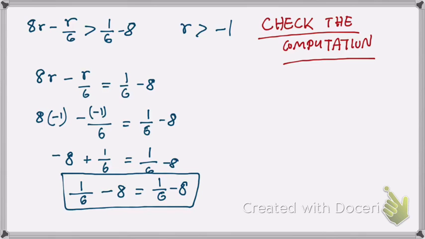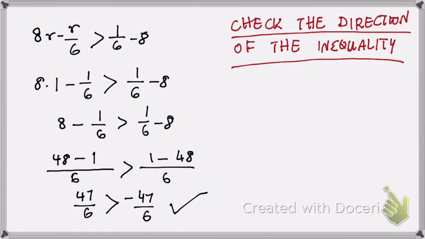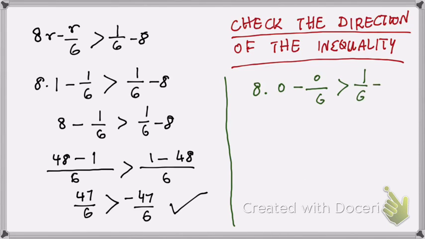You can also replace r with 0. Let's try that. 8 times 0 minus 0 divided by 6 greater than 1 by 6 minus 8.